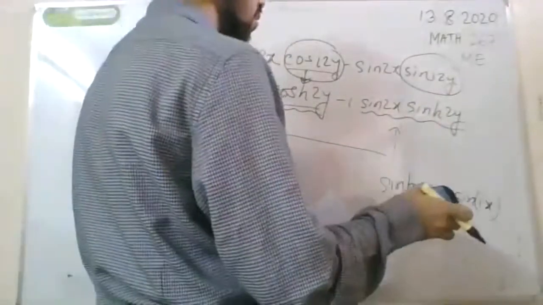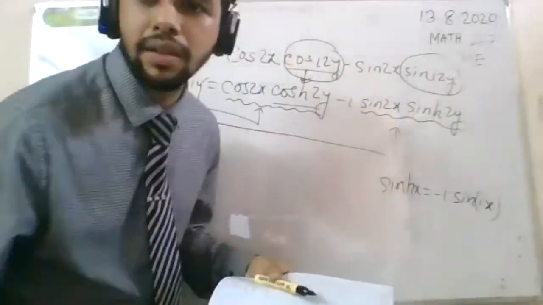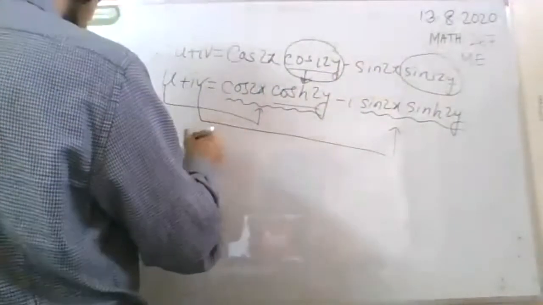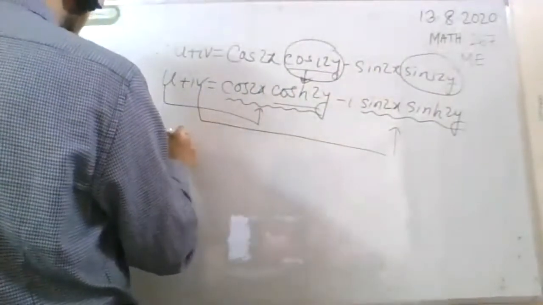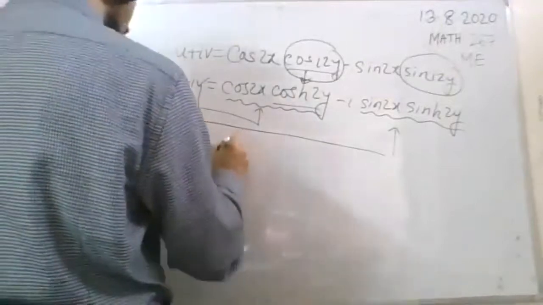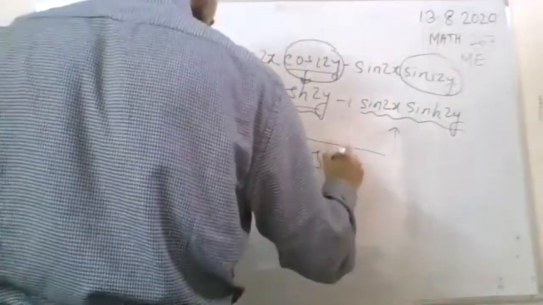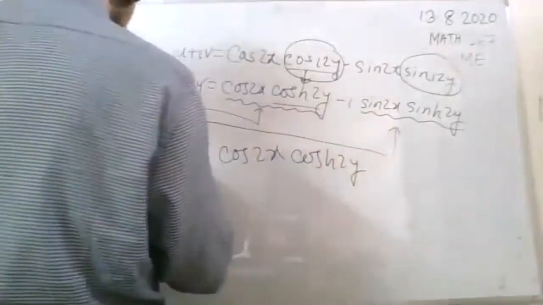So we can show this, where u here is cos 2x cos hyperbolic 2y and v here.